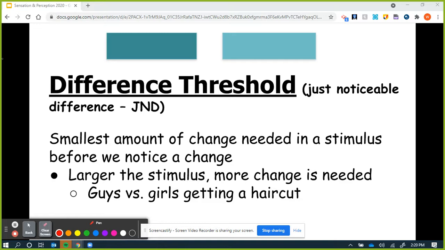The changes that we notice are very much dependent upon the intensity. Larger, more intense stimuli need more change to be noticed than smaller ones. That's why it's a lot easier to notice when a guy gets a haircut versus when a girl gets a haircut.